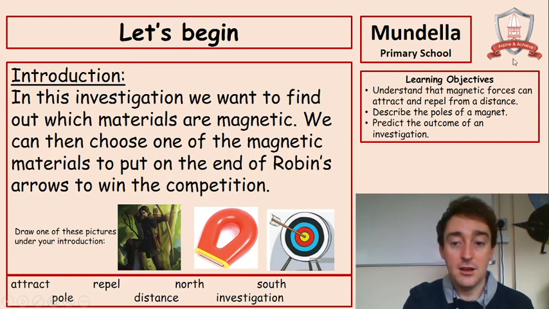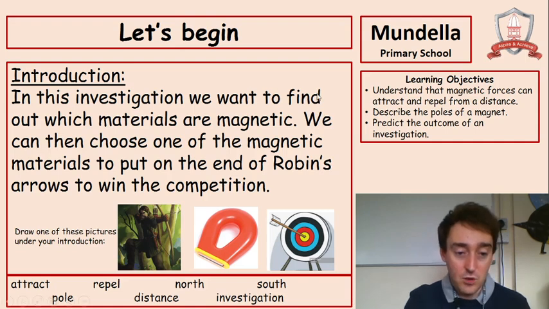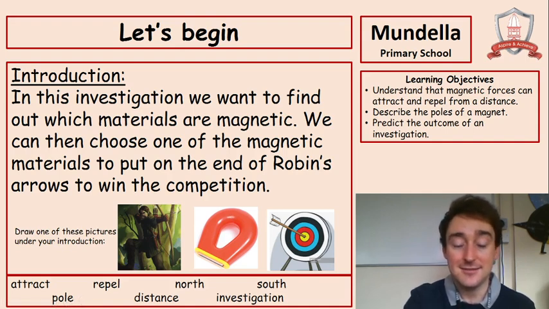And then we will write, in this investigation, we want to find out which materials are magnetic. We can then choose one of the magnetic materials to put on the end of Robin's arrows to win the competition. So copy that down and then have a go at drawing one of these pictures under our introduction to make it look nice. And then unpause when you're ready.